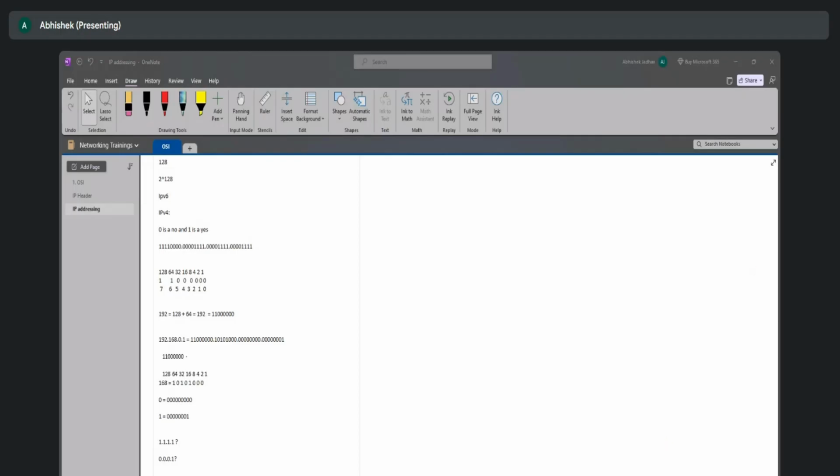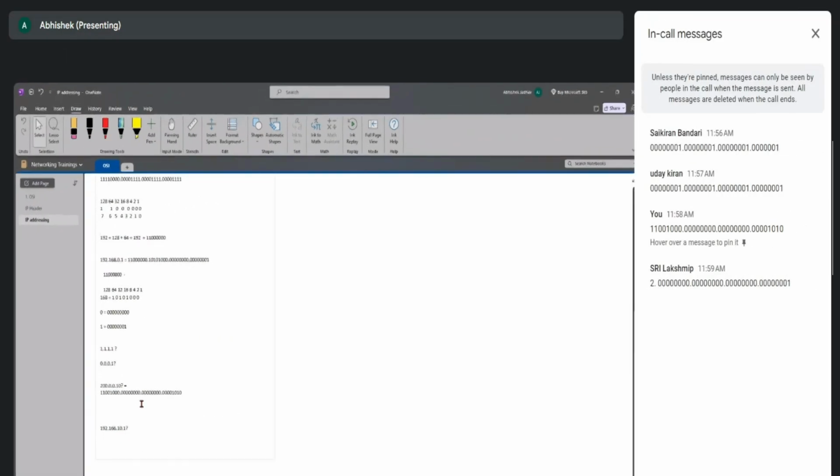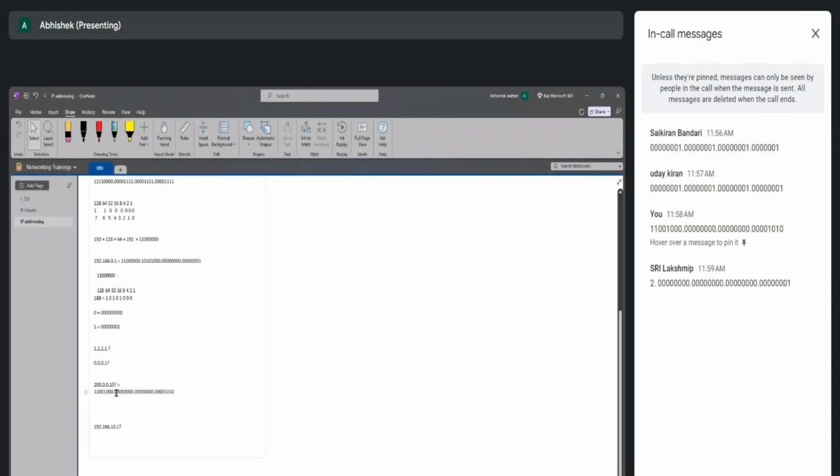Okay, let's take this as an example. For others who have not yet posted answers, I am assuming that you didn't understand how we have to convert. Is that right? What we'll do is we'll take this as an example and we'll work from this binary to get the IP address so that you'll understand how this calculation comes about. So let's remove this for now, right?